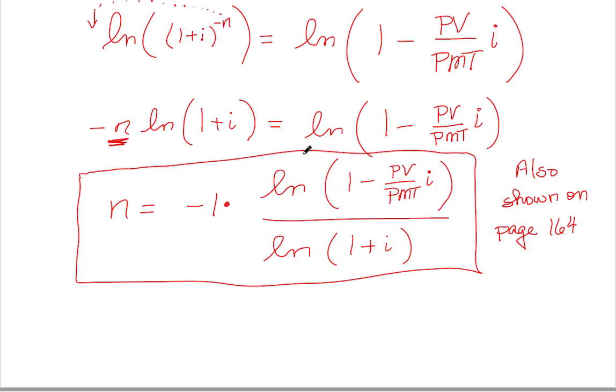All right. And so divide by this natural log, and we get our formula for n, the total number of payment periods. The derivation of how they did this is also shown in the textbook on page 164.